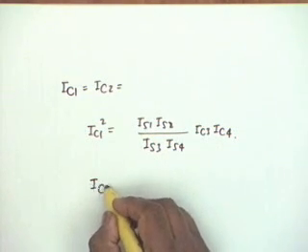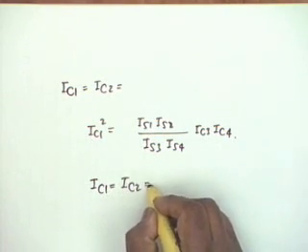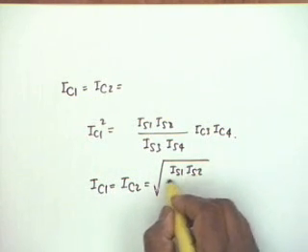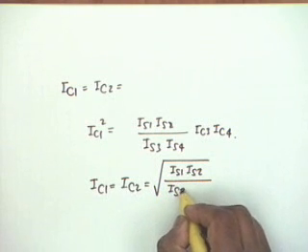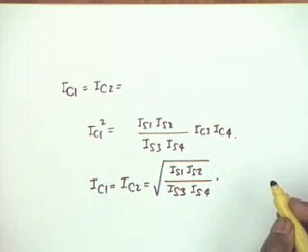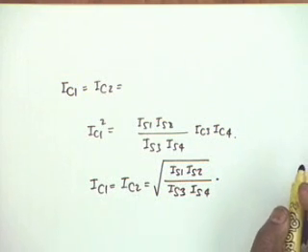Therefore, my equation would be IC1 equal to IC2 equal to the square root of IS1 IS2 divided by IS3 IS4, multiplied by the square root of IC3 and IC4.